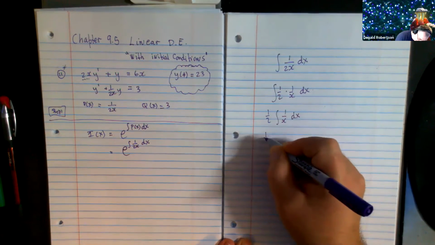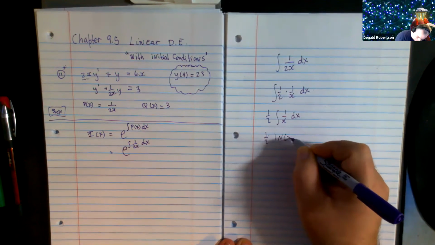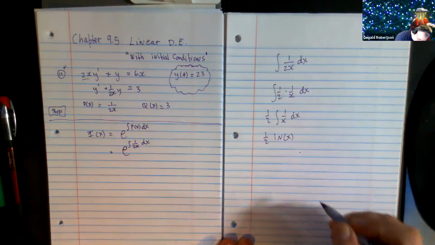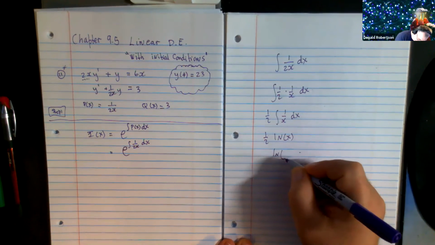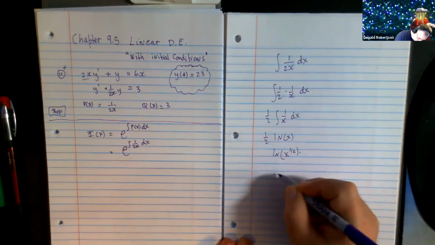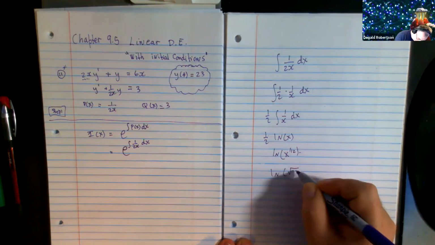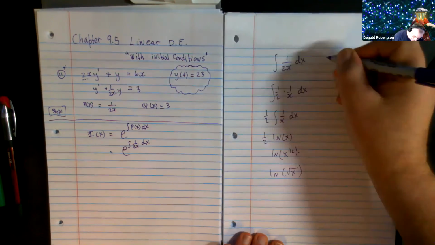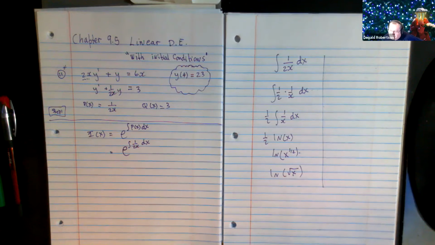And I get the answer 1/2 the natural log of x, which can then become x to the half, which can then become that guy. So far, so good.